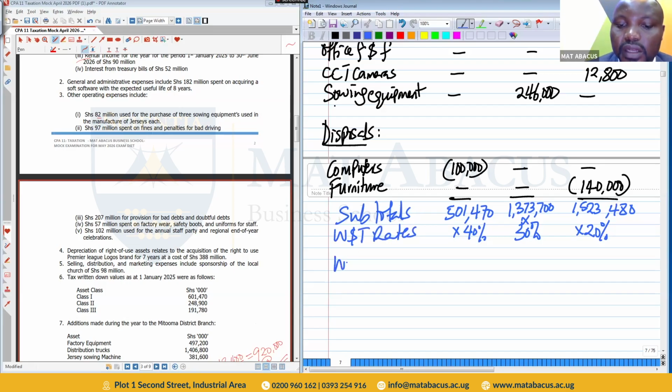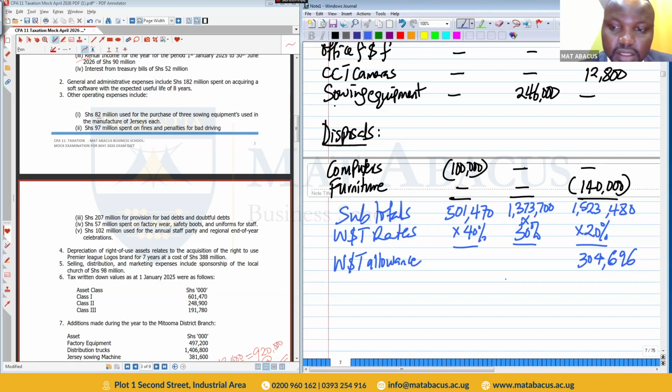Then from there, I will get the wear and tear allowance. After getting those figures, I multiply by the rates. I can start with the last one, 1,523,480 times 20%. That will give me 304,696.